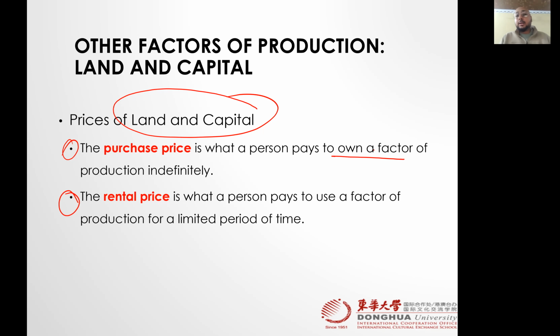What is the rental price? The rental price is the price where a person pays to use the factor of production for a limited period of time, in which you are just renting the trucks and ladders, or maybe the land as well. So you need to be very careful in picking the price, whether it's a purchase price or a rental price.